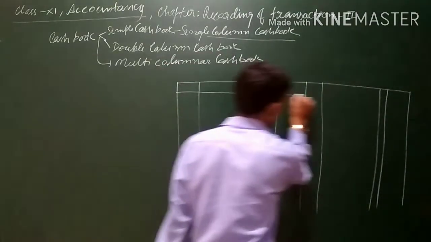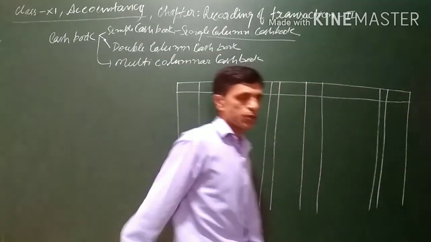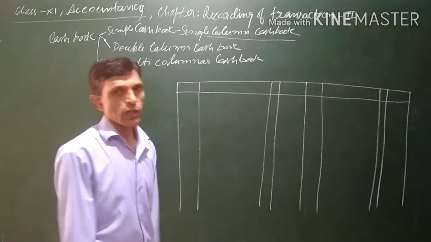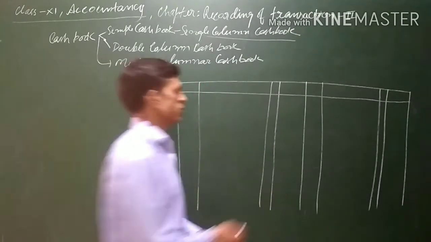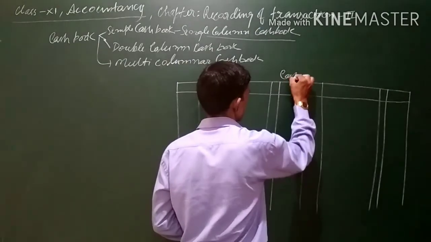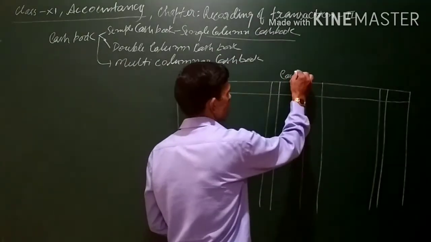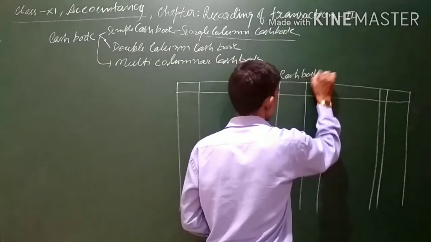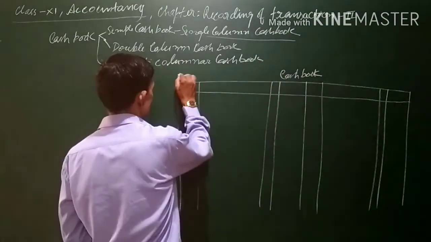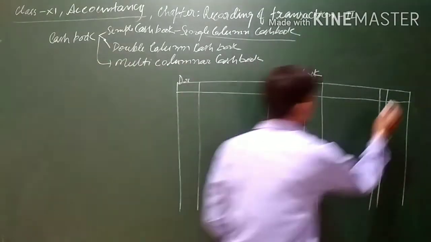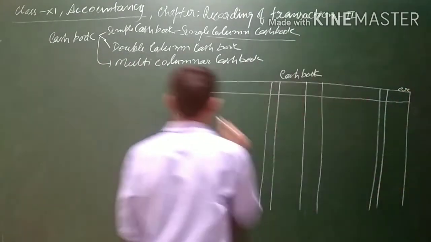The ledger which we have discussed in the previous video, the columns will be the same as it is. Only thing, instead of cash account, it will be written as cash book. This is left hand side debit, right hand side is credit.